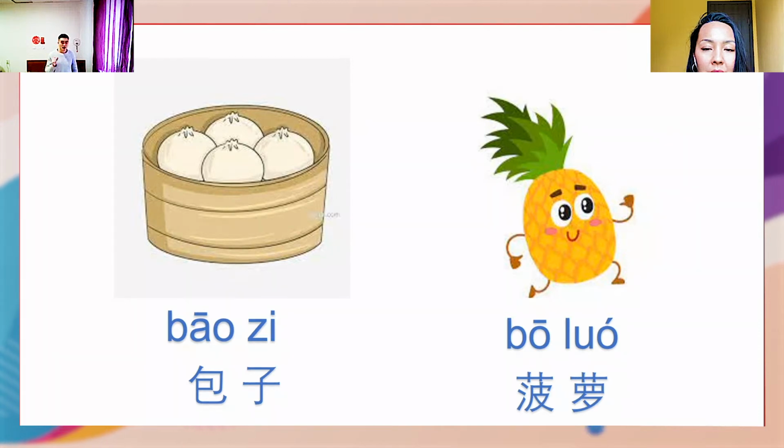But actually this letter is "o," it's not "wo." Why do we pronounce this letter like 菠萝? The reason is the same as with 爸爸 and mama. We will not pronounce the whole pronunciation of this character because it's a little strange. So we just pronounce it like 菠萝. Excellent.